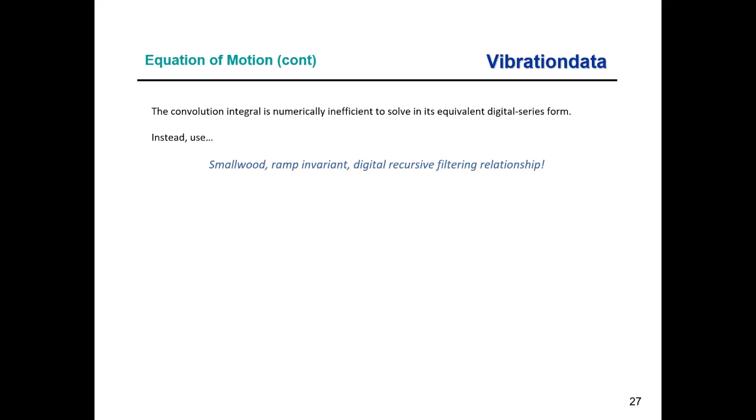The method was intended for pyrotechnic shock. Well, guess what? It works for any oscillating signal whatsoever. We can even use it for pure sine, although we don't need to. We are going to use this Smallwood ramp invariant digital recursive filtering relationship over and over and over again in this course series. This will be our go-to method for doing transient analysis.